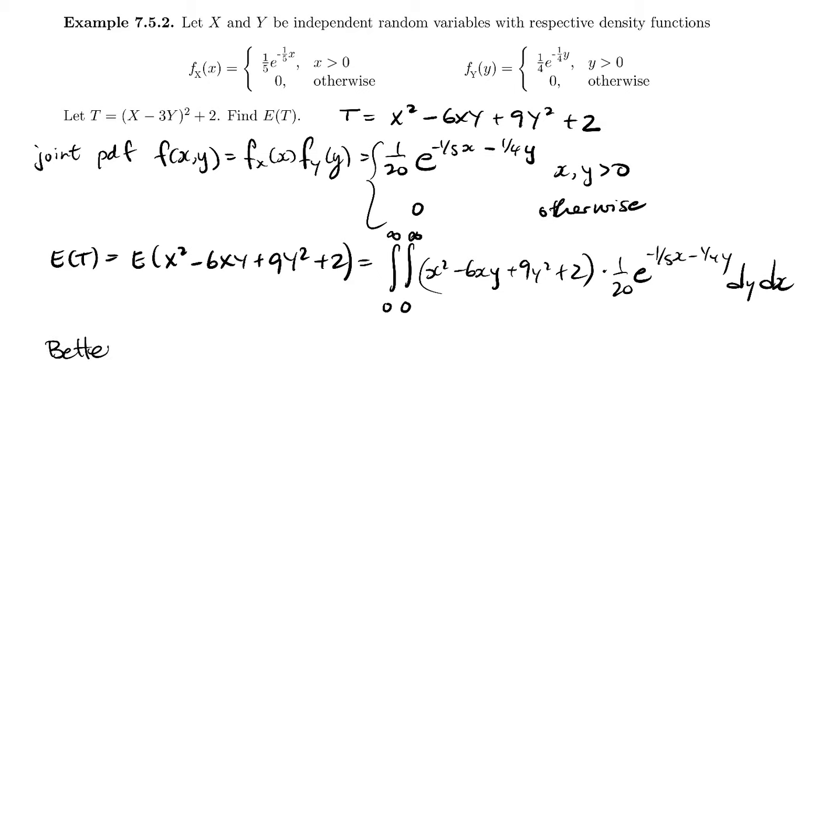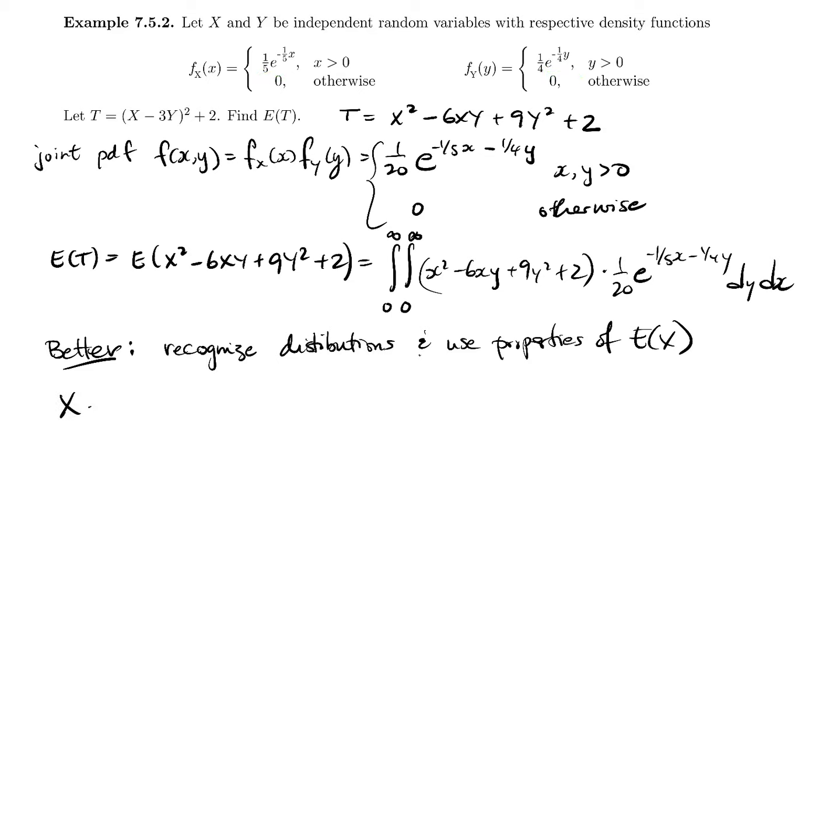Better is to recognize, first of all, that these are well-known distributions, and then to use the properties of the expected value. So the better situation here would be to recognize the distributions, and we'll do that in just a second. Recognize the distributions and use the properties of the expected value of E of X. So these are exponential random variables.